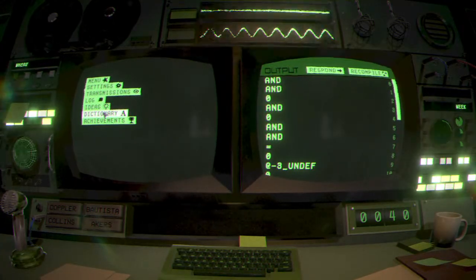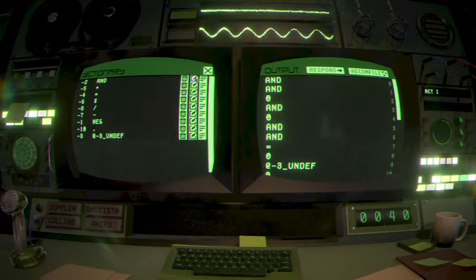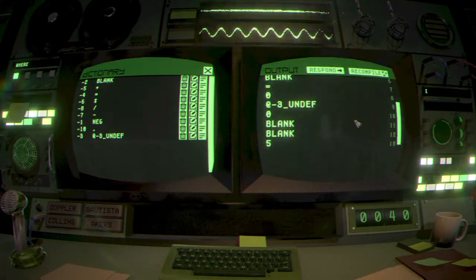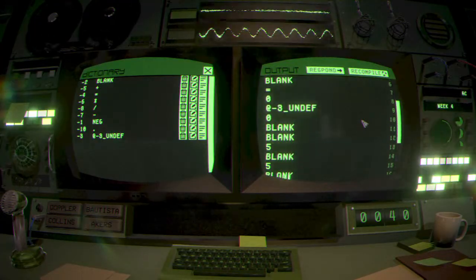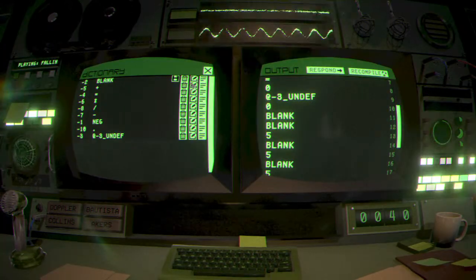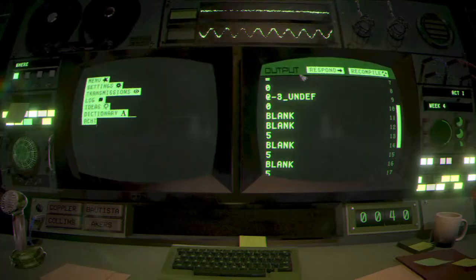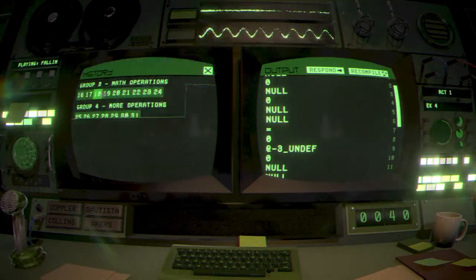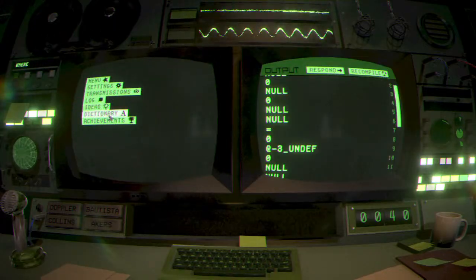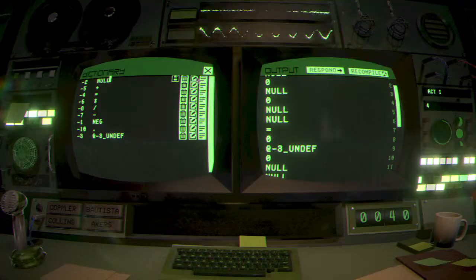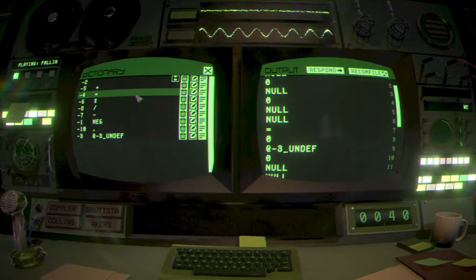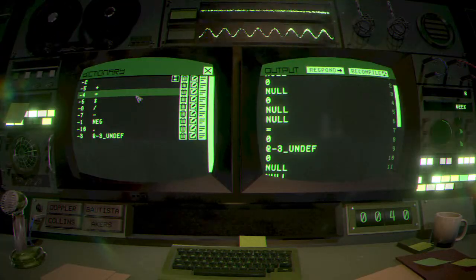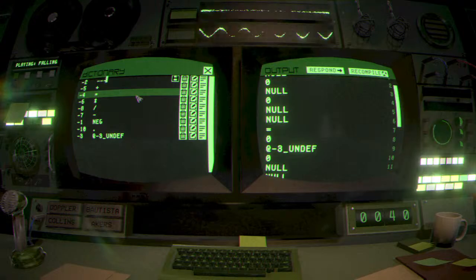I'm gonna rename it to like blank. Might just do that.